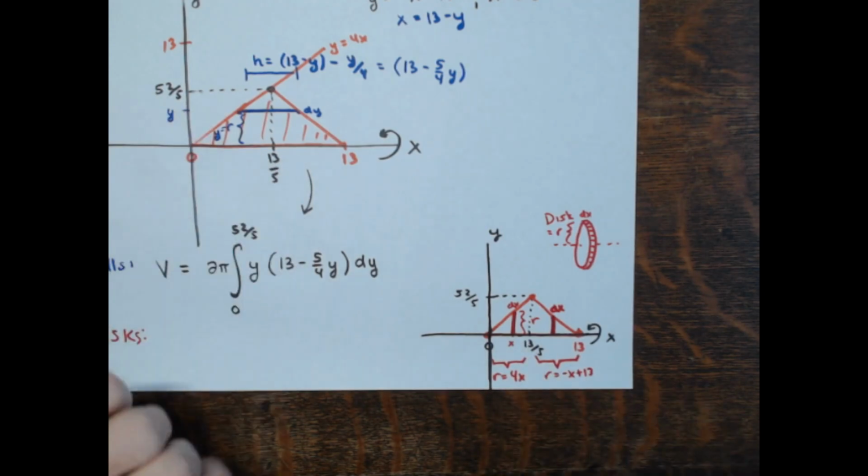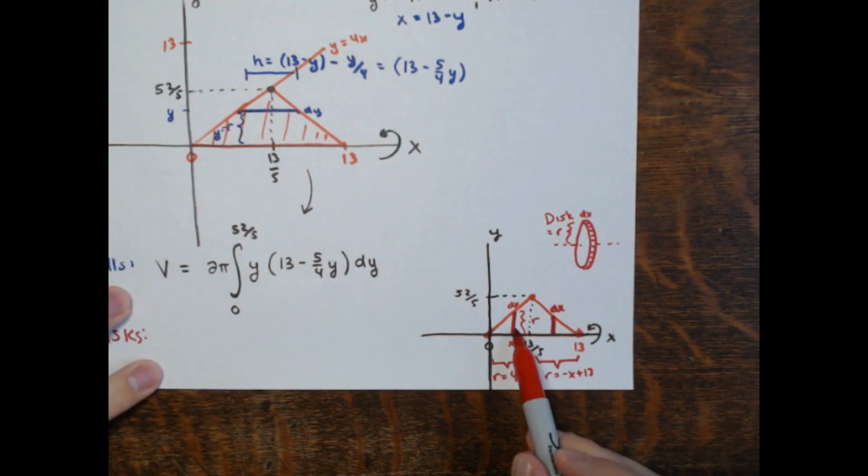So this is one of those compound regions where something changes about the integral I'd have to set up. I'd have to set up two integrals, one for the region to the left of 13/5, and one for the region to the right of 13/5, and then add them up.